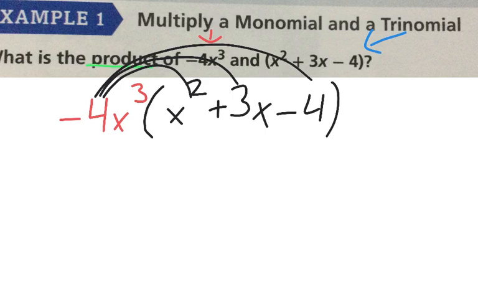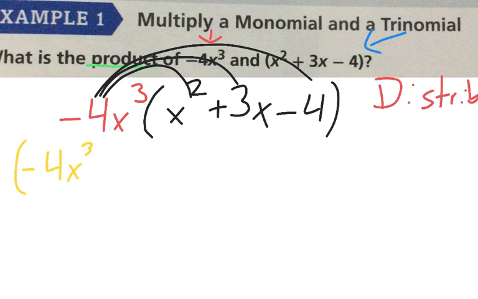Does anybody remember what we call this? We are going to distribute. And so we need the first term, the monomial, to be multiplied by every other term. So the question is, what is negative 4x cubed times x squared? So I'm going to write this down. You don't have to necessarily write this part down.